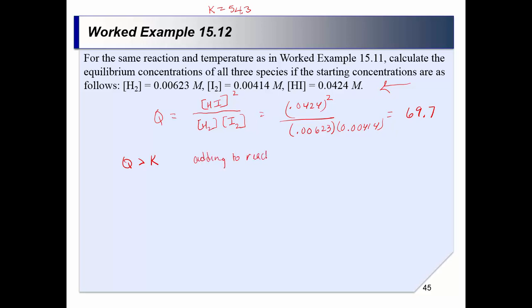We will be removing products. Okay, and the reason we need to know that is because when we start putting in our ICE table, initial, change, equilibrium, that determines the sign of our change. So we're going to start with our initial conditions given in the problem.